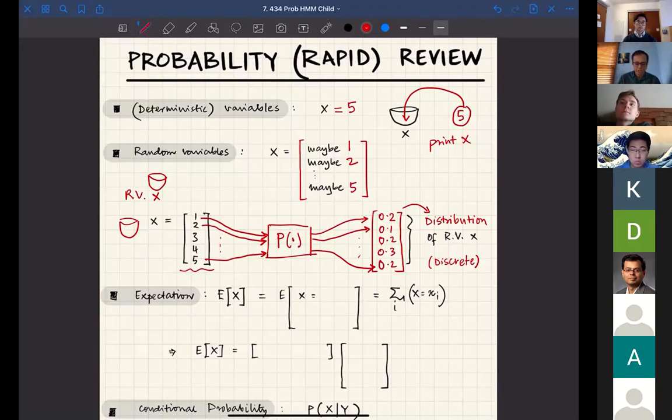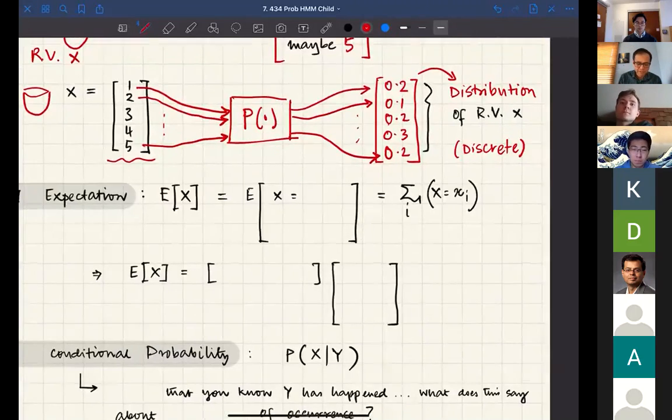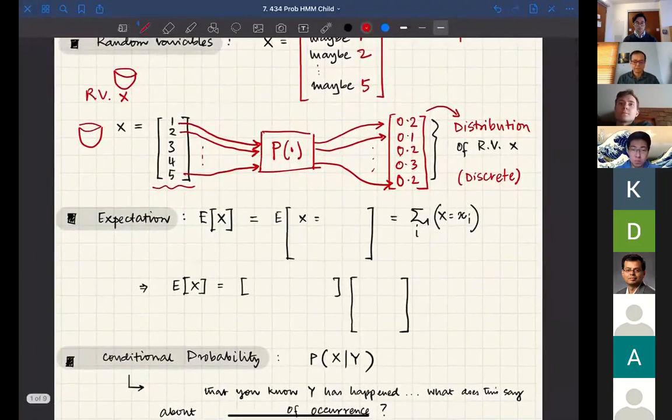Very good. Okay. So we have a random variable, and we understand what is going on. Now let's say someone says, calculate the expected value of x. What is the expected value of x? What is the value that this container would have on average?